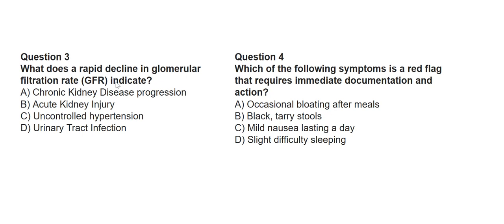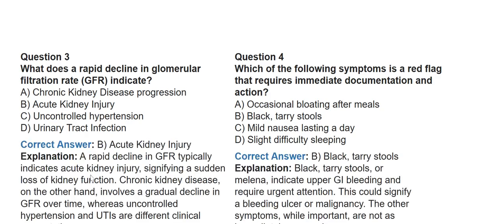A decline in GFR could be A or B, but a rapid decline in GFR indicates an acute condition, acute kidney injury, AKI. A rapid decline in GFR typically indicates acute kidney injury, signifying sudden loss of kidney function. Chronic kidney disease, on the other hand, involves a gradual decline in GFR over time, whereas uncontrolled hypertension and UTIs are different clinical presentations.